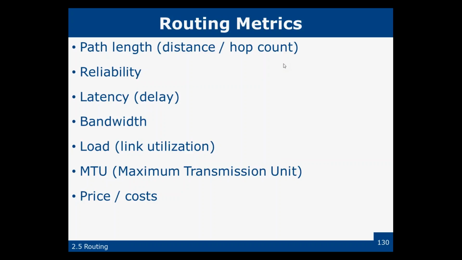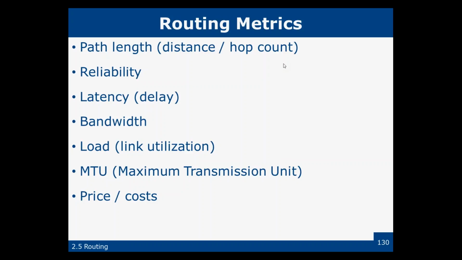Load, the link utilization, bases routing decisions on how busy a particular route is. And some of these routing protocols will, as they get to the destination, tell that router that they've experienced delay or heavy load on the path to get there.